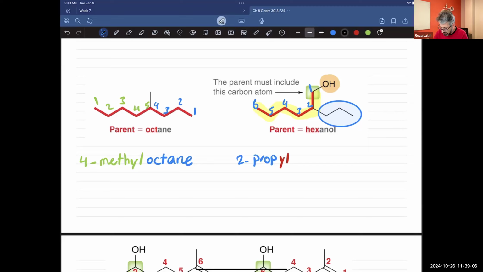So this one is going to be hexanol. Okay. And when it comes to alcohol, you can write the name of the compound in at least 2 versions. You can use the IUPAC system and separate the OL, or the functional group, and write it separately. And I will practice that one very soon.